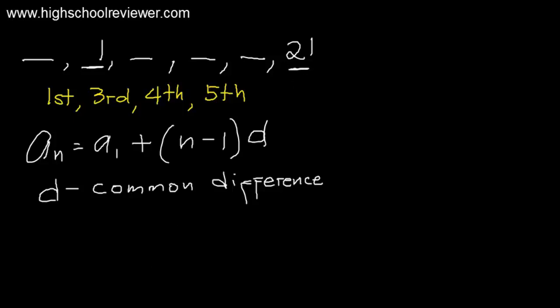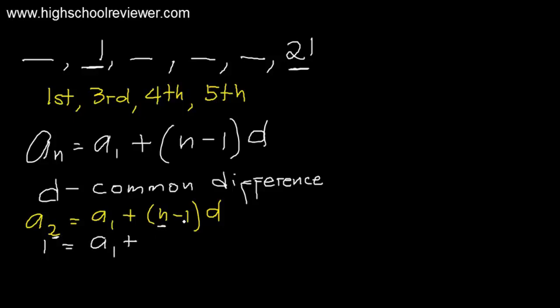Using the equation of the second term, a sub 2 is equal to a sub 1 plus n minus 1 multiplied by d. Our a sub 2 here is positive 1. Positive 1 equals a sub 1, we do not have a value for a sub 1, plus our n is 2.